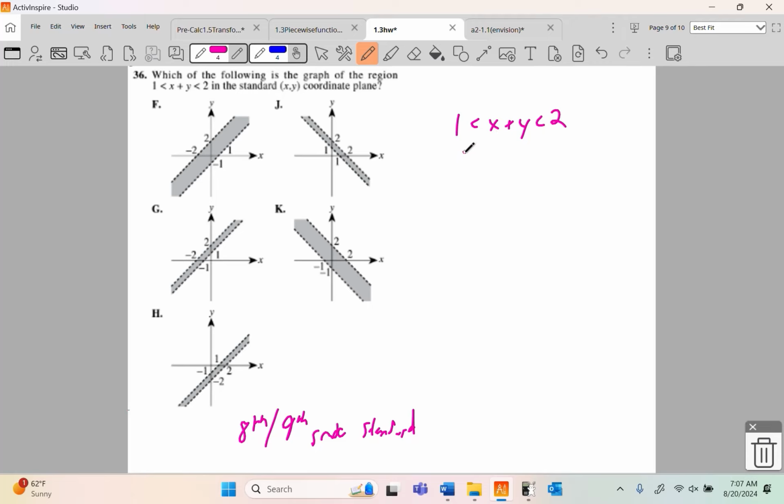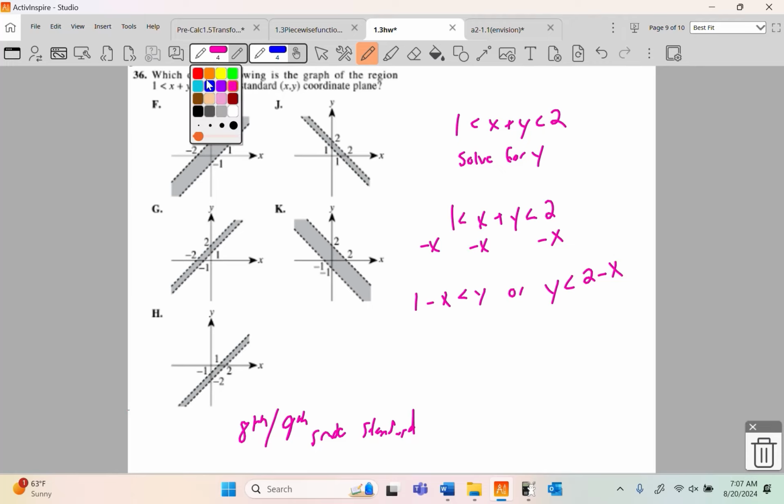I'm going to solve for y. So I'm going to take away x from the middle, and if I take it away from the middle, I have to take it away from both sides. So I'm going to have one side that says 1 minus x is less than y, and another side that says y is less than 2 minus x.